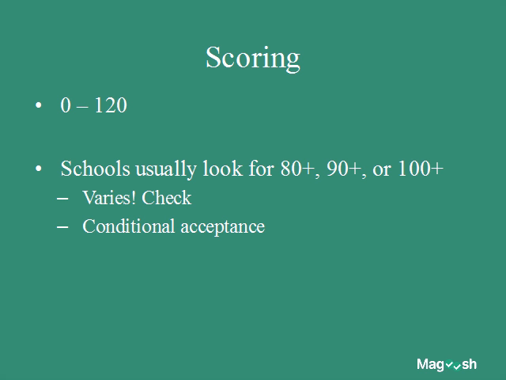This is not true at very competitive universities, often, because they have so many applicants they don't need to. They have enough really high quality applicants who already score higher than the recommended score. But at some schools, conditional acceptance is a possibility. So if your score is too low, check, find out.